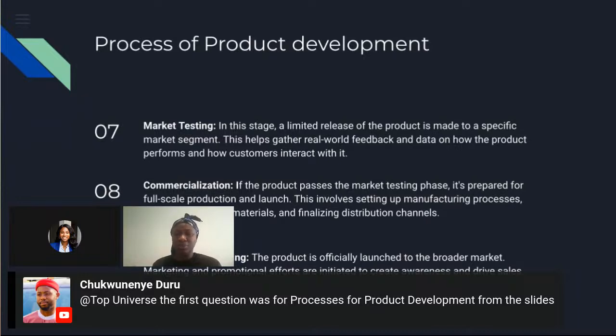It is being able to test your products, get feedback, and then commercialization is basically moving your products from the pre-production stage to the stage where customers outside of your inner circle are using your product. While there are some things the product marketer would have to do in terms of advertising, like I said, that comes in launch and marketing as well.